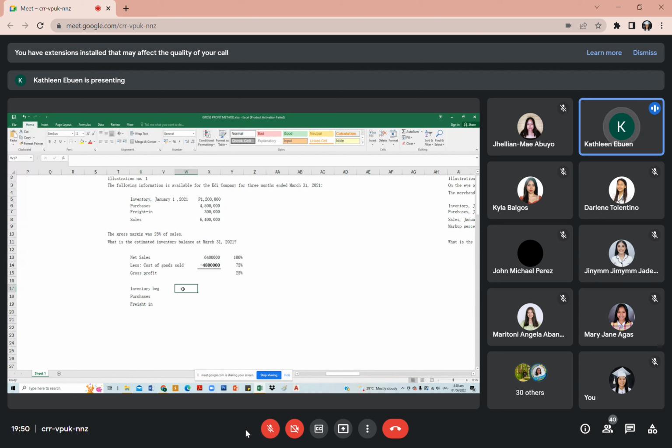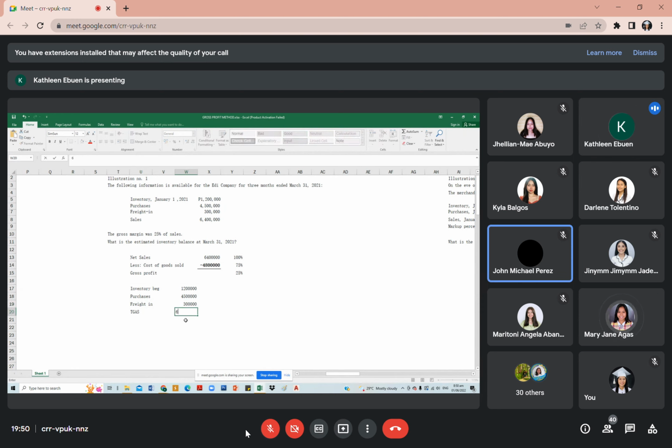We have the beginning 1.2 million, purchases of 4.5 million, and the freight in 300,000. So therefore, our total goods available for sale, how much is this? 6 million.